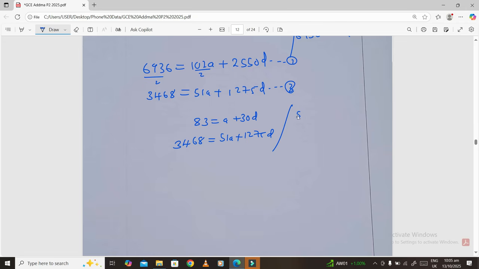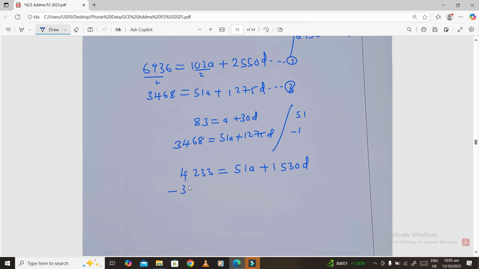So bring 51 up here and the 1 here. We start multiplying. So 83 times 51, it's giving us 4,233 equal to A times 51, that is 51A plus here 30 times 51, it's giving us 1,530D.